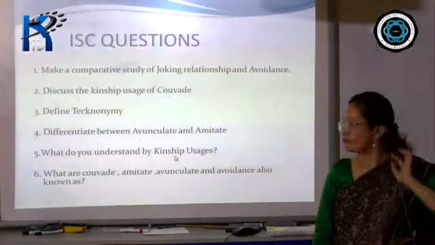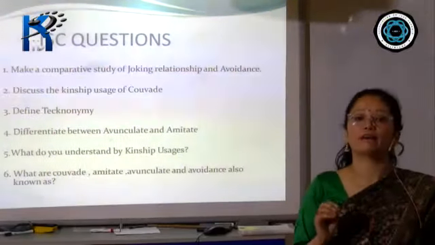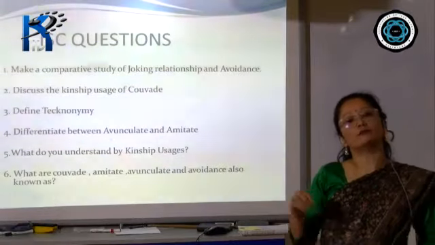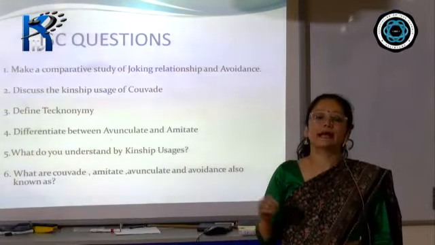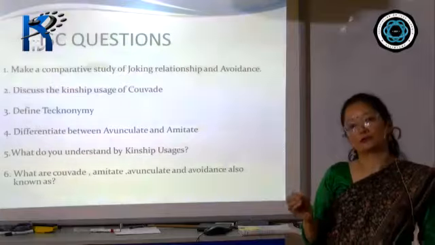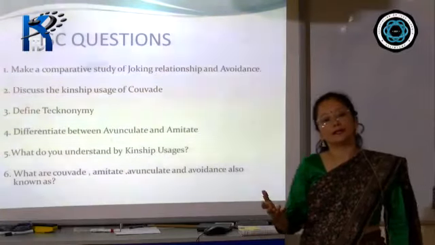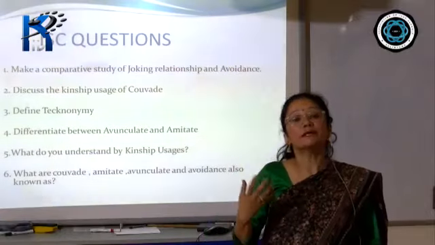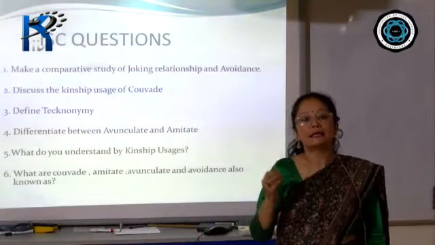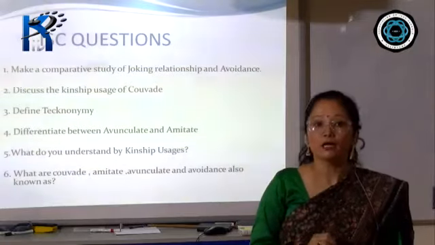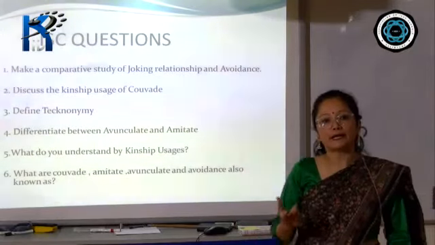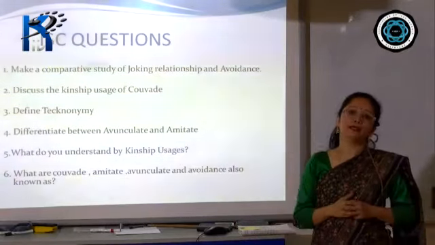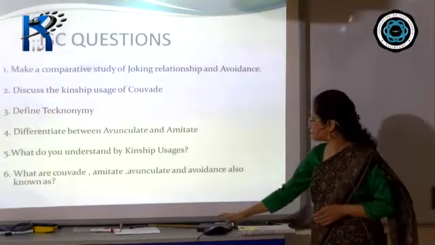So your answer for question number 6 would have been, these terms mentioned are the examples of kinship usages. So in this way, the pattern of question might change. Please do not expect direct questions every time. So you have to be ready with the changes that are coming in the question pattern.